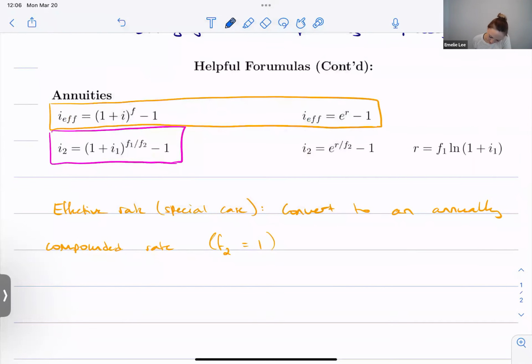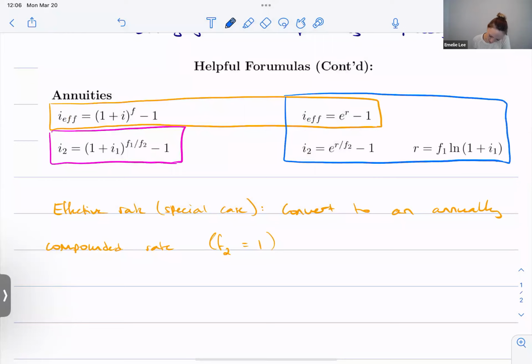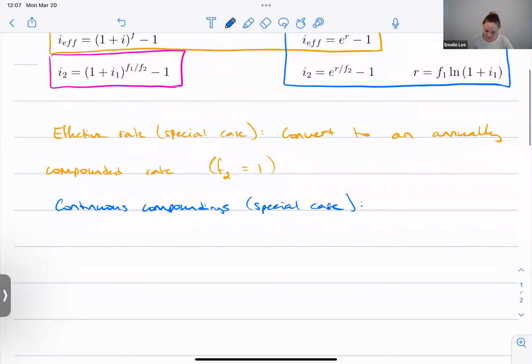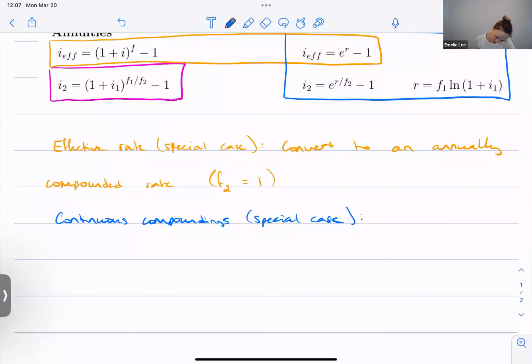These ones are a special case in the sense that they have to do with continuous compounding. So the IEFF is e to the r minus 1. What's that one doing?